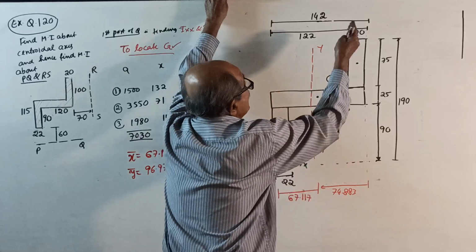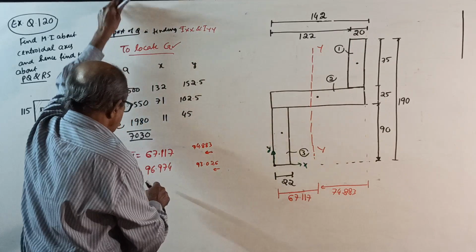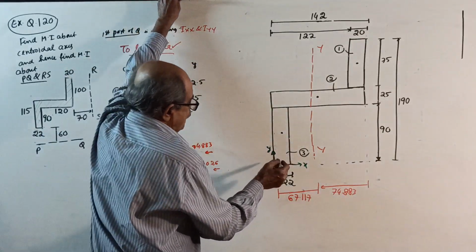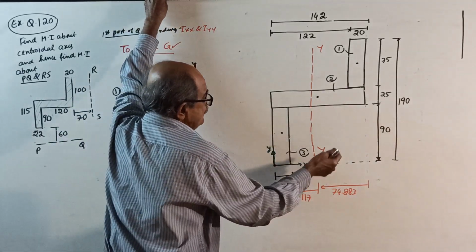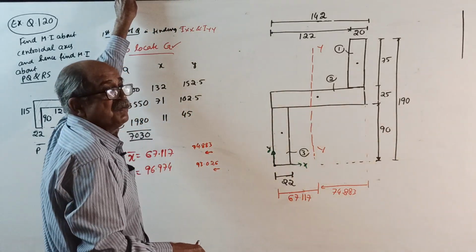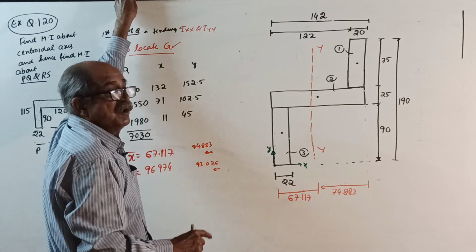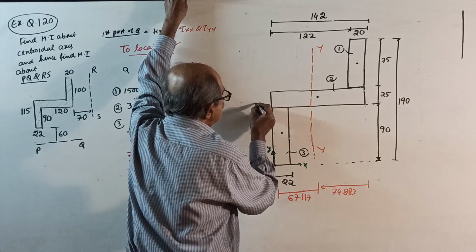Or if you do X bar from that side, you will get this answer. Y bar is 96.974. Here to here is 90, but up to the center is 90 plus 12.5, that is 102.5. But you got 96, so a little above.